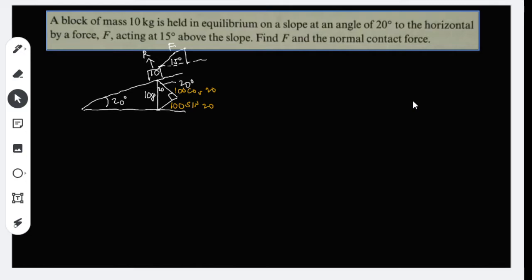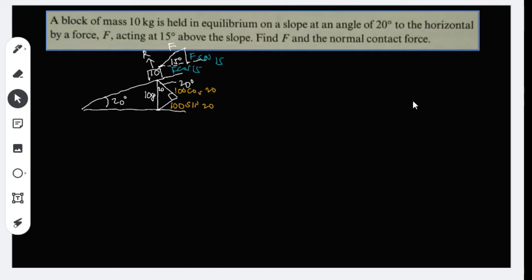This side will be your F sine 15. That will be your F sine 15, that side. And the one at the bottom will be your F cos 15, because remember, the sine is the one that is opposite the given angle.